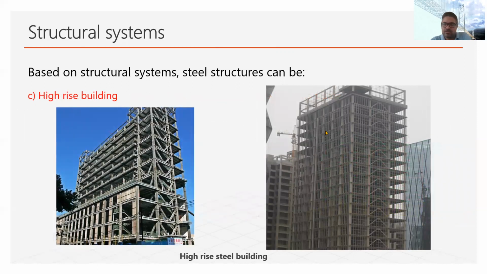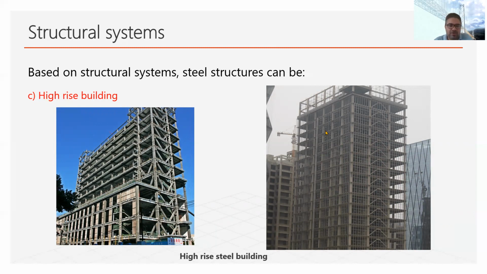Then there are tall buildings. They may be more than 20 stories, and they are generally considered in large cities where the land costs are very high. In the design of such structures, the structural designers generally pay attention to the system which resists the lateral load.